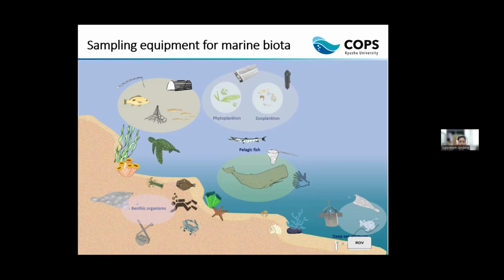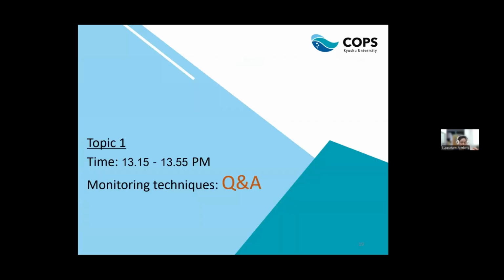Or if your marine mammal lives on the shore, you can even follow them and collect it by hand and keep it in a safe container. So that is some idea of how to collect and monitor samples from floating microplastic, sediment, seafloor, and marine biota. I think I finished my first part.